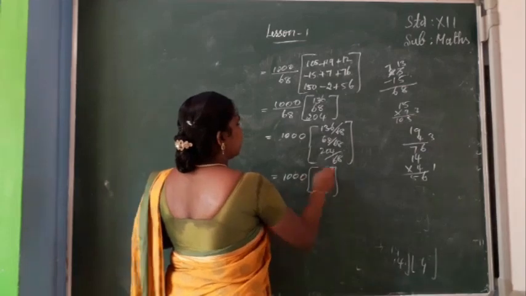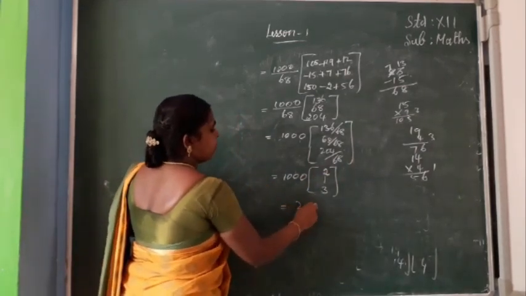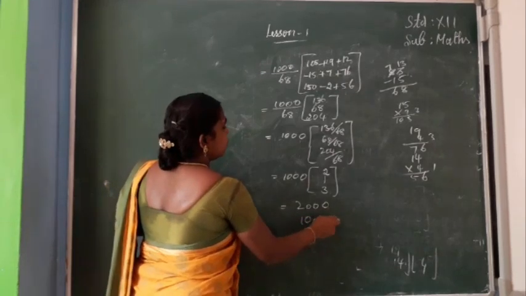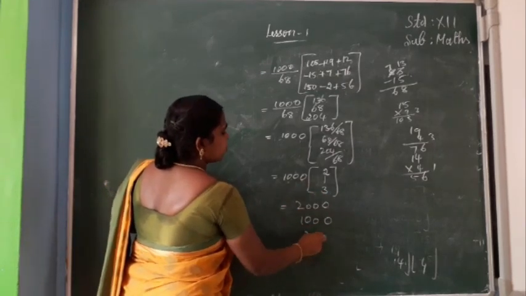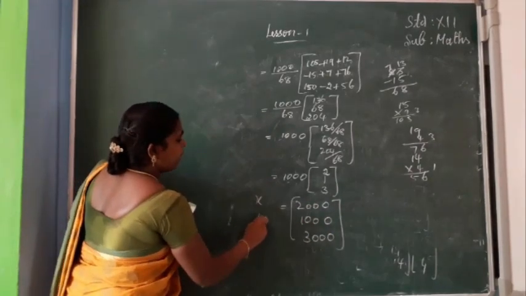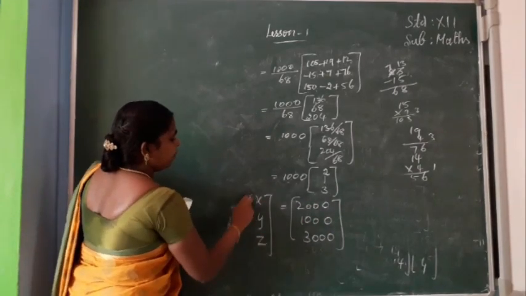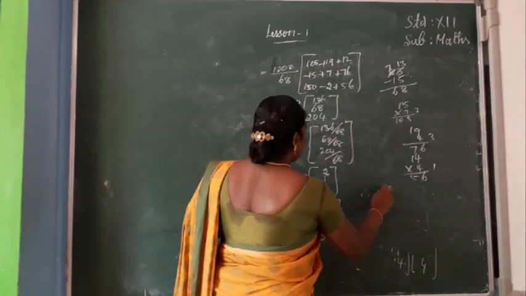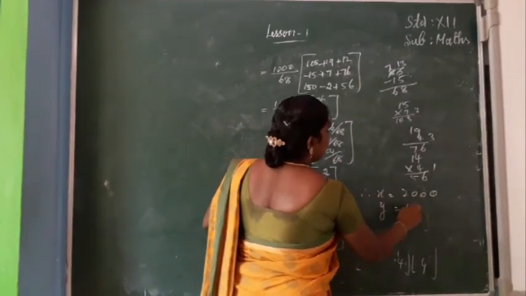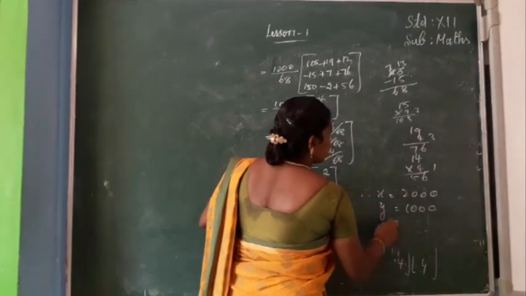Now we multiply: 1000 into 2 is 2000, 1000 into 1 is 1000, 1000 into 3 is 3000. Okay, x means x, y, z. Therefore, x equal to 2000, y equal to 1000, z equal to 3000.